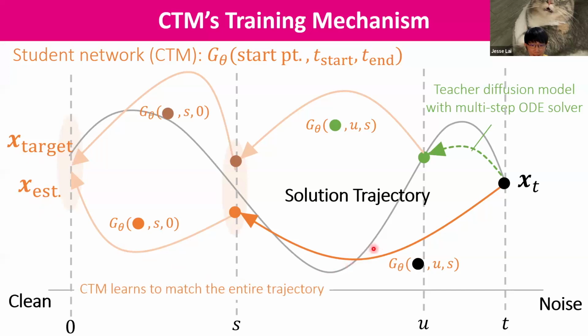At a high level, because s, u, and t are random during training, running through all the possible choices, we are going to learn the entire solution trajectory.